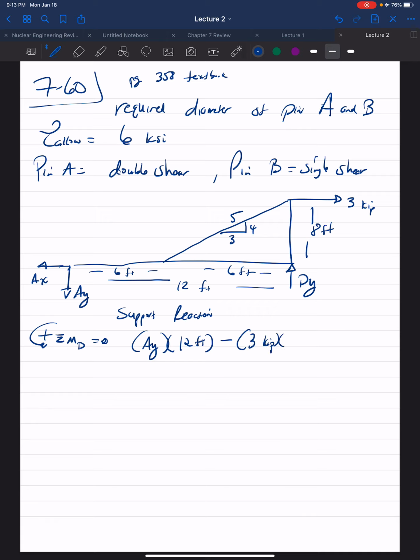Perpendicular distance there is 8 feet. AY is 2 kip. 24 divided by 12 is 2.